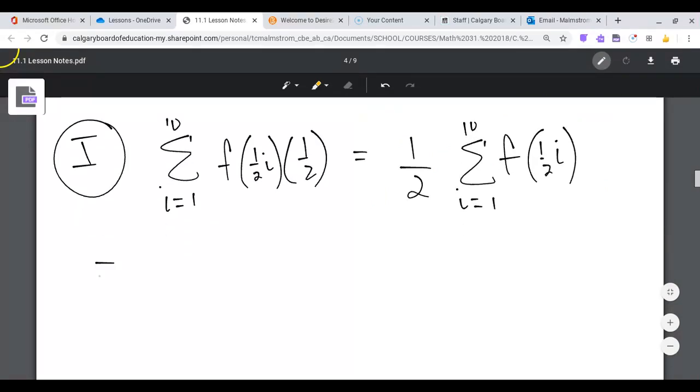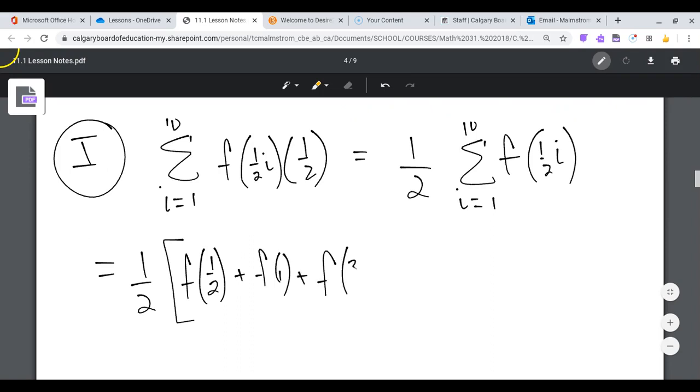Okay, so this is 1/2 multiplied by, well, the first rectangle's x value we just said was 1/2. The next one, the second one, where i is 2, we said was 1. The next one's going to be 3/2. We're just adding a half each time. That's the width of our rectangles. The next x value will be 2.